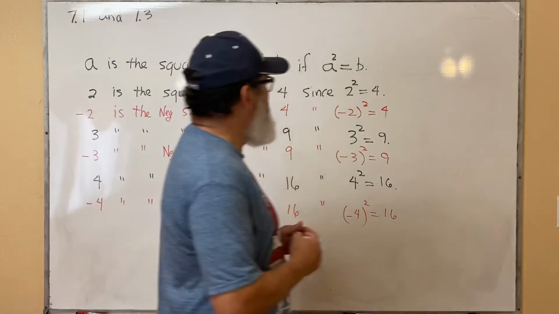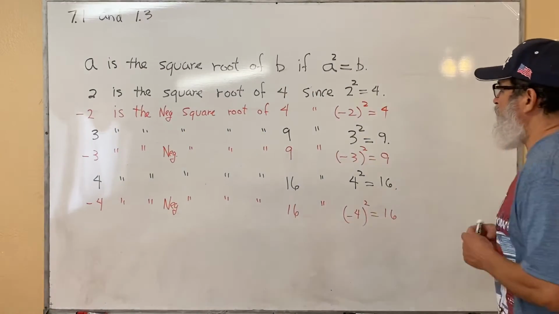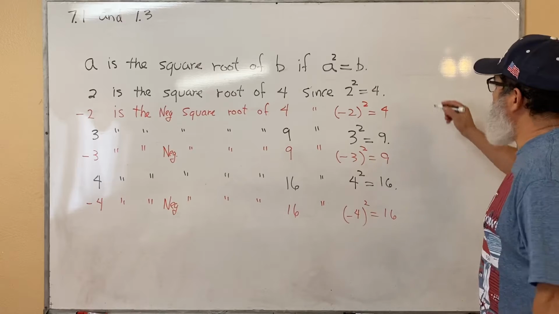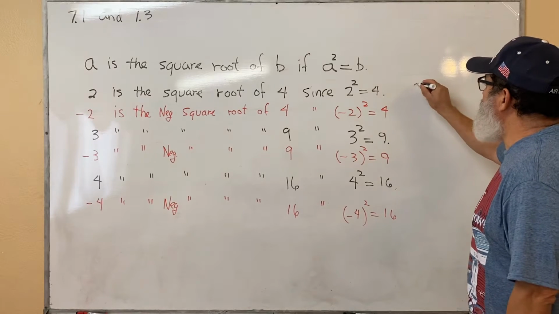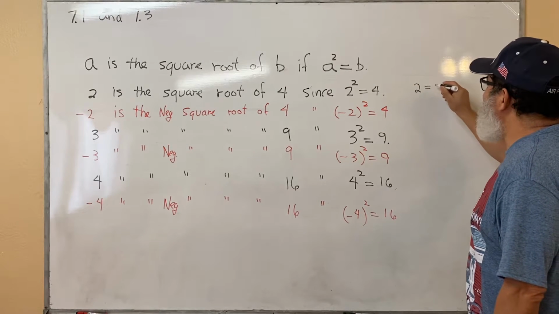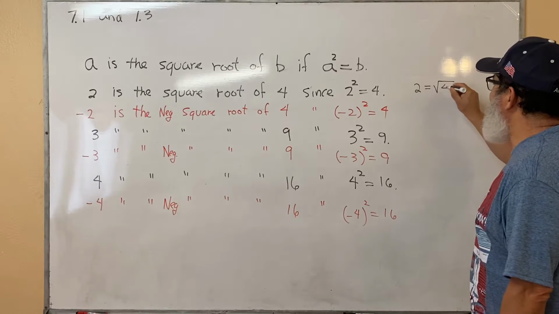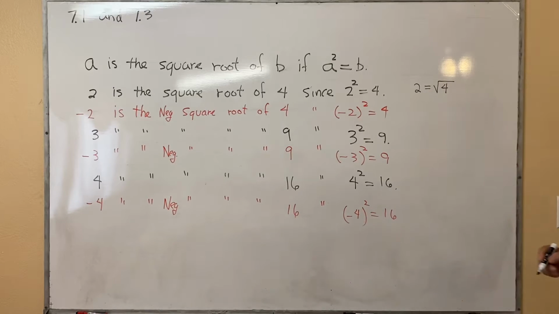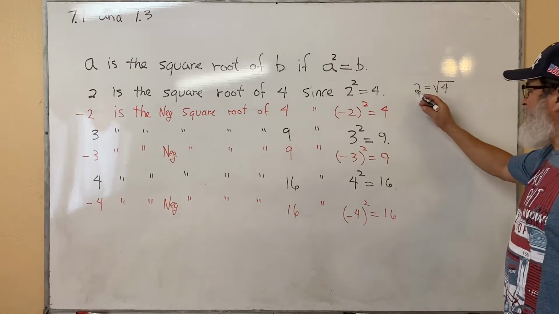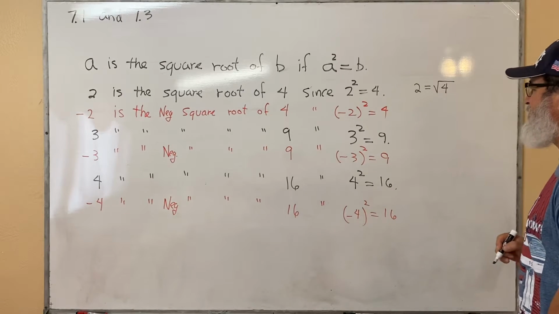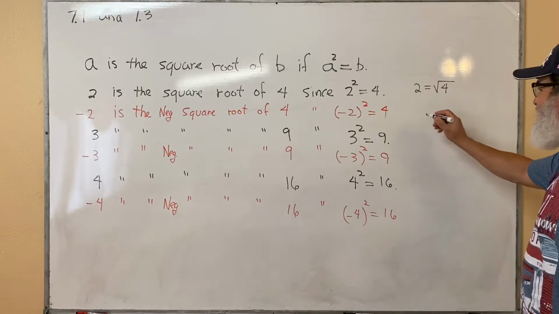Okay? Here's the first one. For this first one, we can say 2 is the square root of 4. Why? Because when you square this 2, you get 4. How about this one?